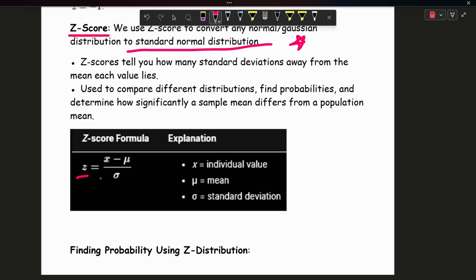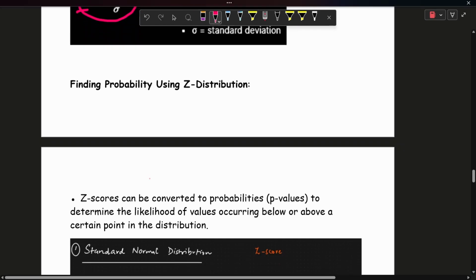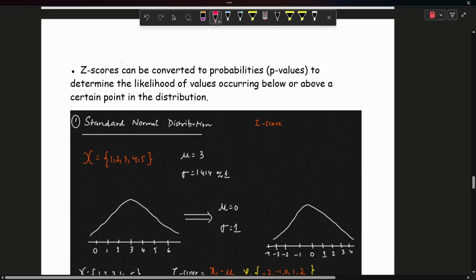This is the simple formula which is used to convert the normal distribution into standard normal distribution. Let's see how it is calculated. Also, the z-scores can be converted to probabilities, the p-value, to determine the likelihood of values occurring below or above a certain point in the distribution. Let's understand this point using the below example.